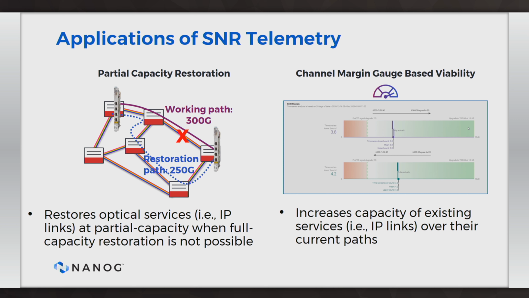In the network topology on the left, we have a working path, the home path, that's 2 hops, and it supports 300 gigabit per second. If that fiber is cut and you need to restore that circuit, the next best path is 2 hops longer, and it can only support 250 gigabit per second. This is what we call partial capacity restoration. It's better than nothing, but it's not 300 gig.